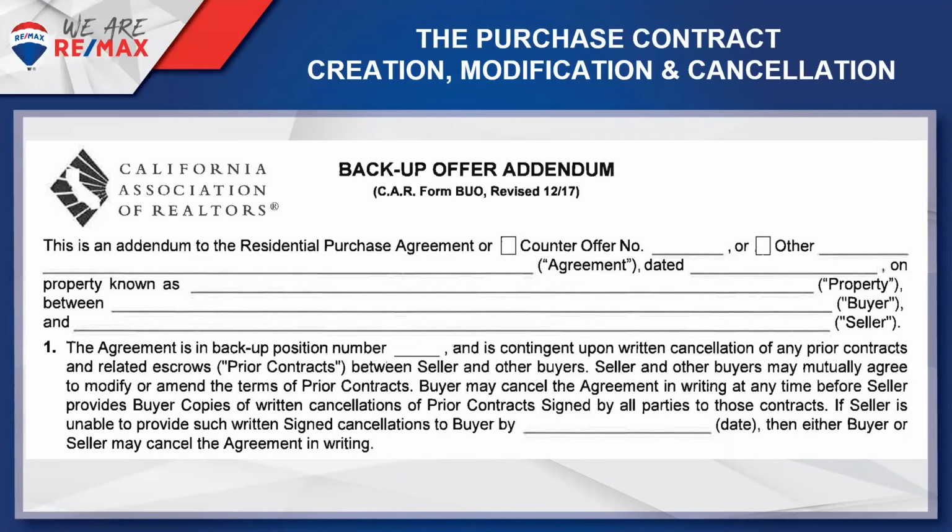But if you just accept an offer without a backup offer addendum, or at the very minimum, the language that says the second offer is accepted contingent upon the successful cancellation, or the sale of the property is contingent upon the successful cancellation of a prior offer, you could have sold the property twice.